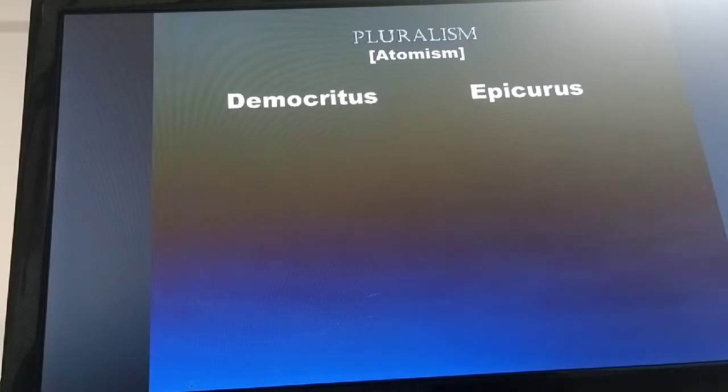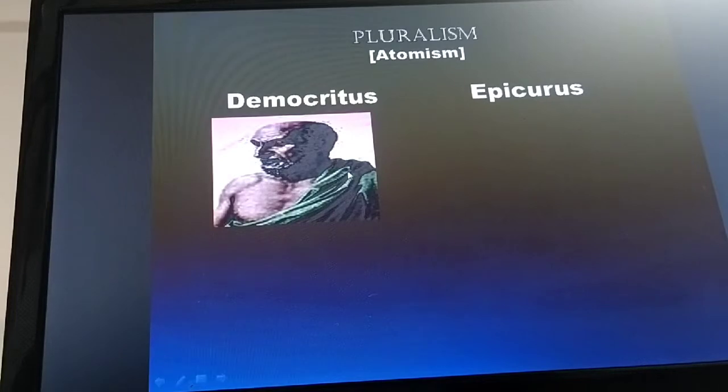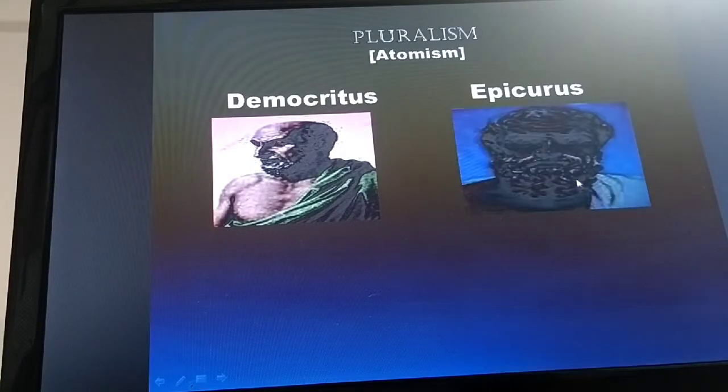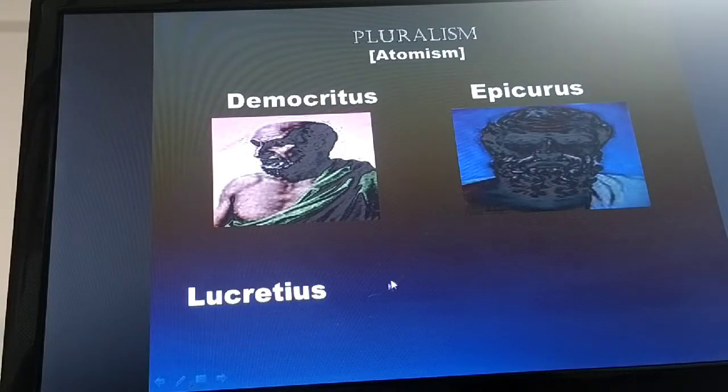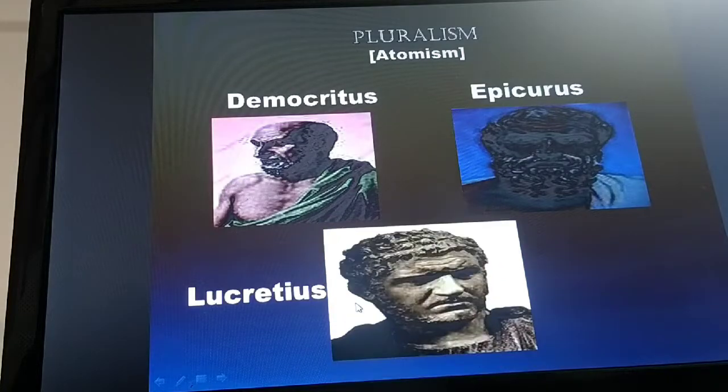The first one is Democritus, and the next one is Epicurus. They are the philosophers of atomism, of pluralism, and the next one is Lucretius. He is a Roman poet.